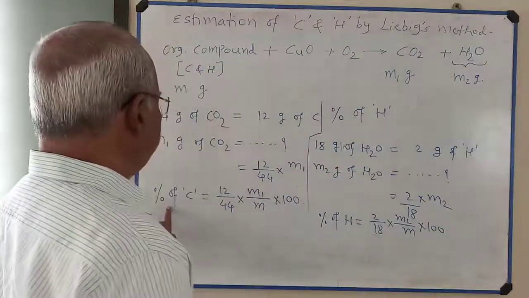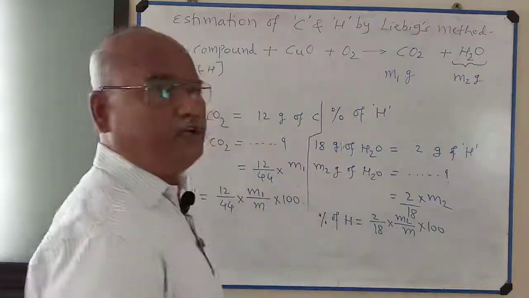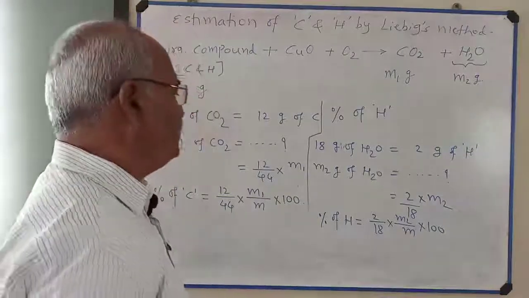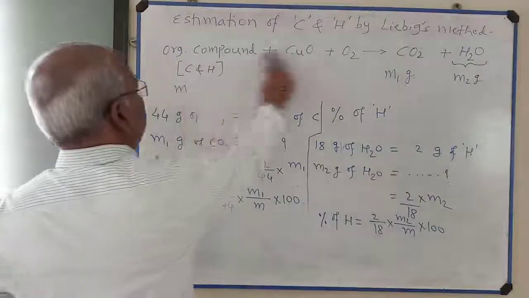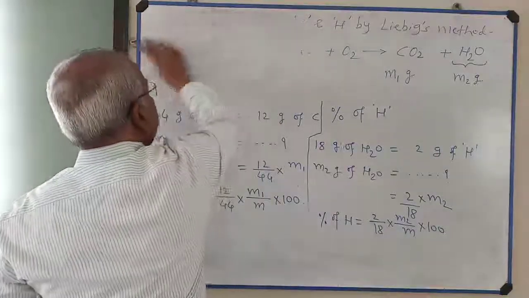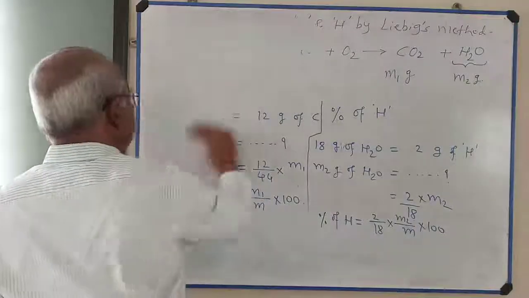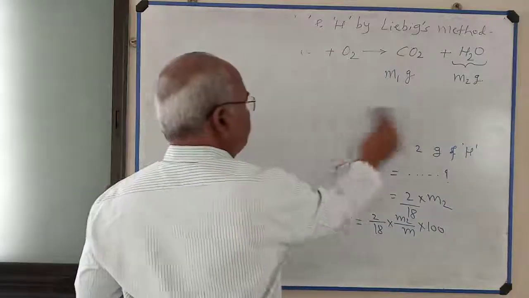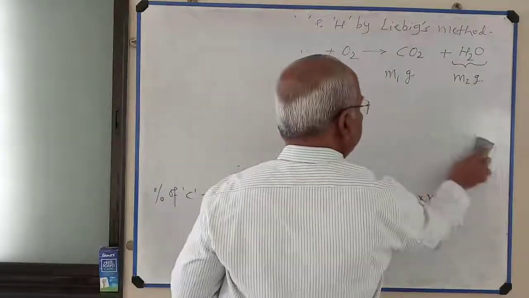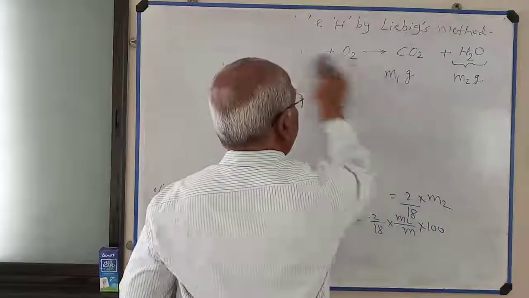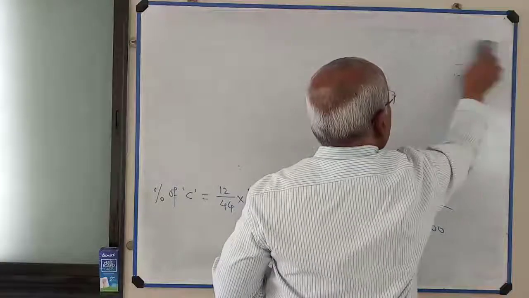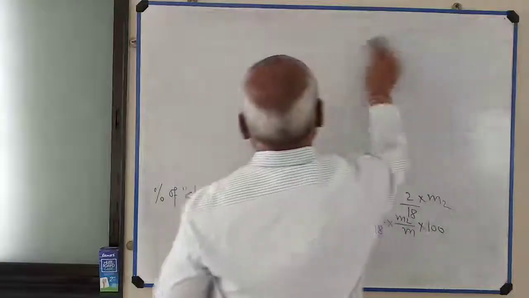So by using these two formulas, we are going to find out the percentage of carbon and hydrogen in an organic compound. The point will become clearer by solving one example. One simple numerical we are going to solve.